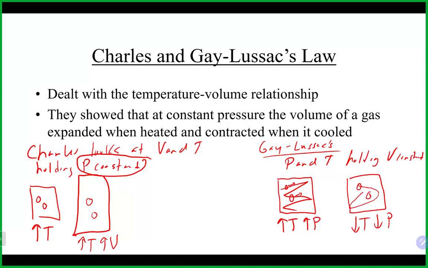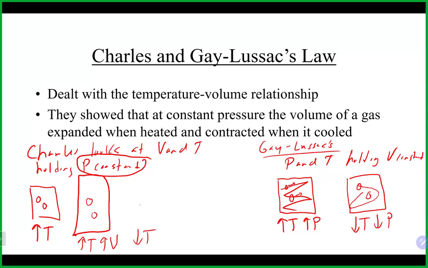The result is it will be able to keep the number of collisions constant. And because the number of collisions remains constant, so does the pressure. So in a Charles' law situation, it is actually the volume adjusting that allows the pressure to remain constant as the temperature changes.